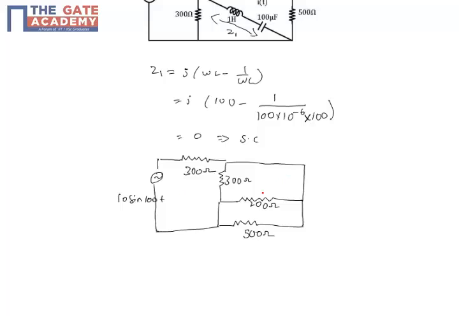Now we have to find the current through this resistor. We will be applying mesh analysis to this. This is I1, this is I2, and then this is I3.